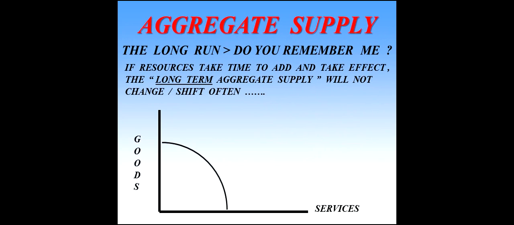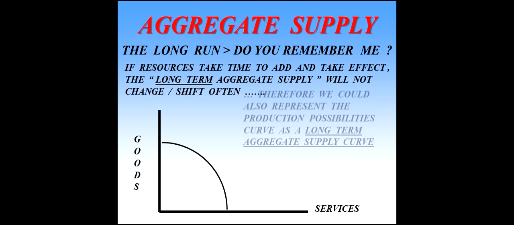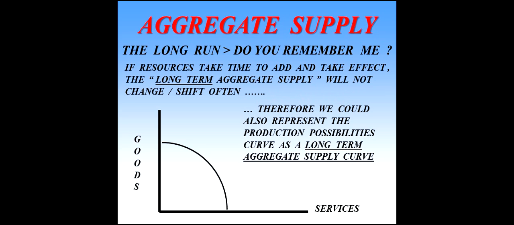Well, it doesn't happen overnight, and for that matter, it doesn't happen over a couple of days. It takes a longer period of time. So if resources take time to add into the economy and take time for them to take effect, the long-term aggregate supply will not change or shift that often. Therefore, we could also represent this production possibilities curve in a little bit different way and represent it as a long-term aggregate supply curve.